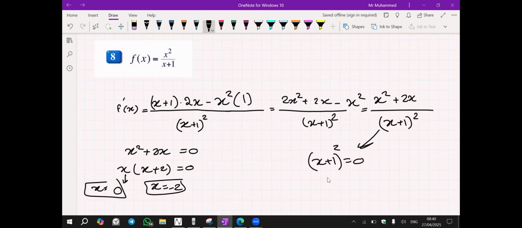What makes the inside of the bracket 0 is -1. If we put -1 into the function itself, it will be undefined. That means x equal to -1 is a vertical asymptote, but we still write it in the table of values to check increasing and decreasing. And here we have 0 and -2.